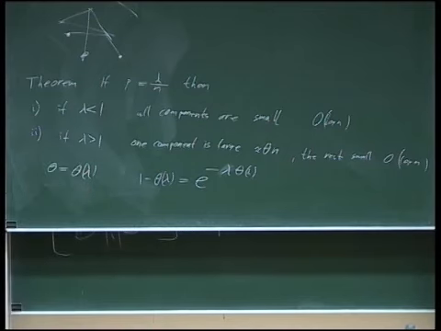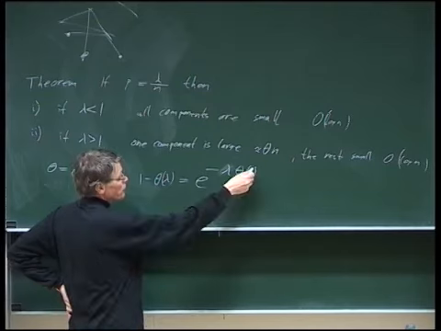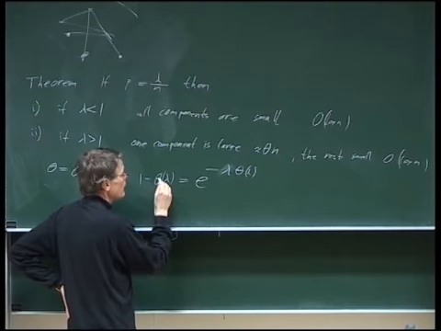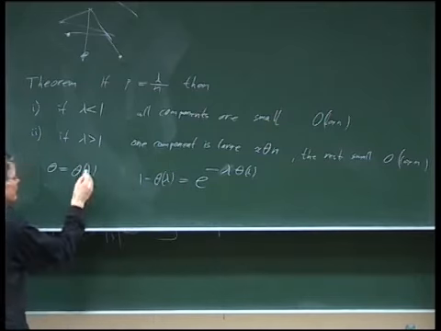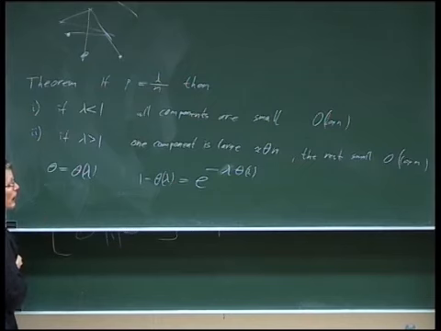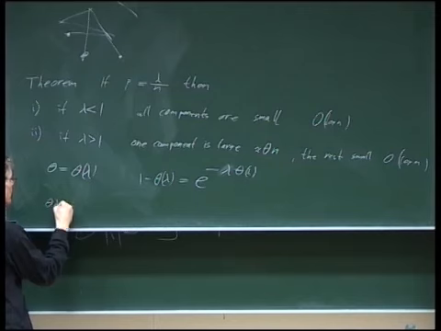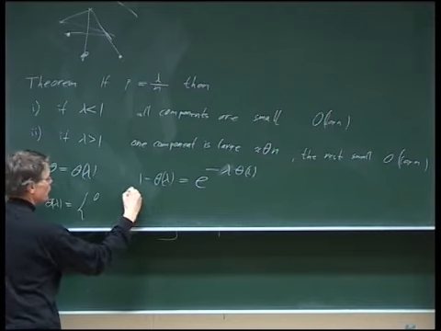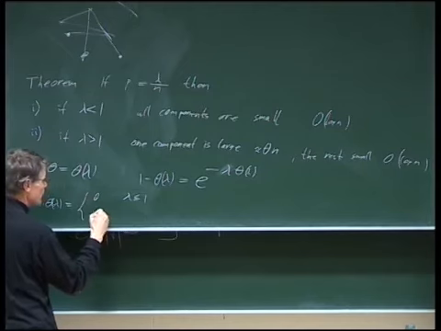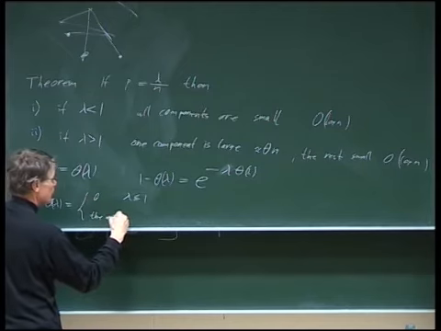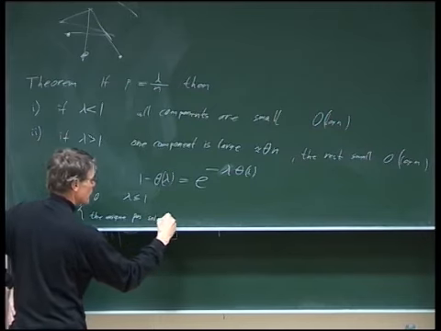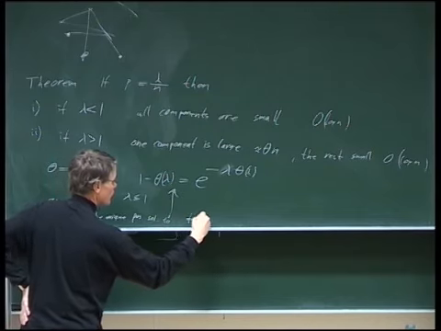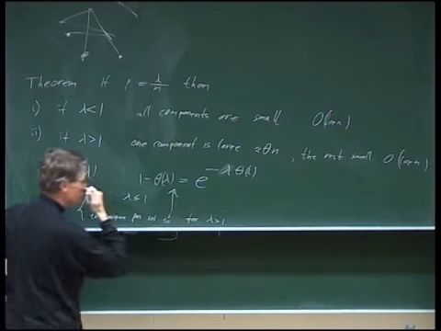If lambda is less than 1, it's easy to see that there is no positive solution here. Theta equal to 0 is trivially a solution. So you can define theta of lambda as 0 for lambda less than 1, and the unique positive solution to this equation for lambda greater than 1, if you want to be very precise.